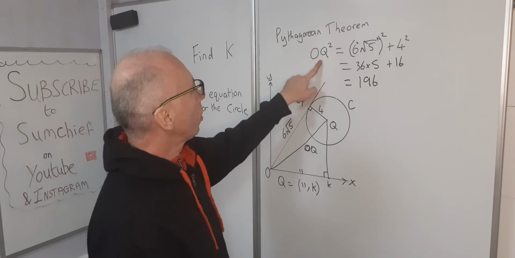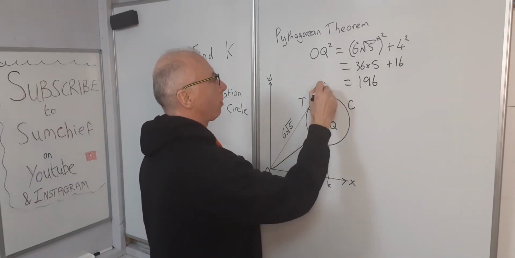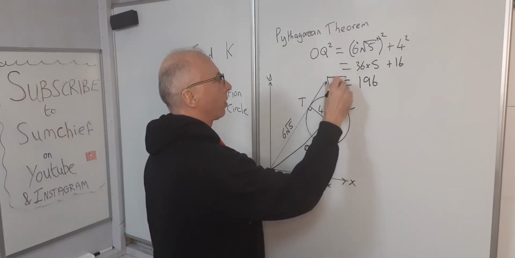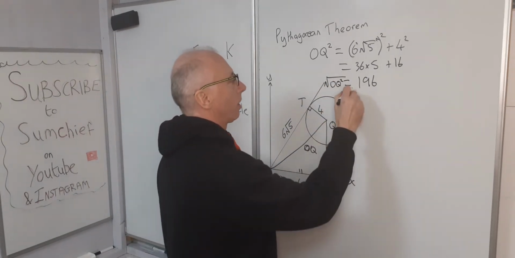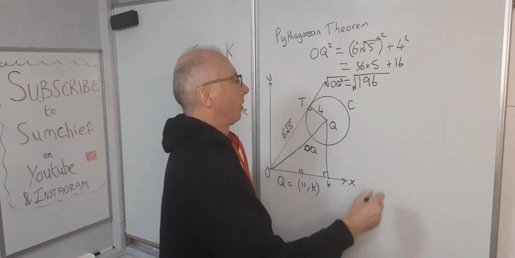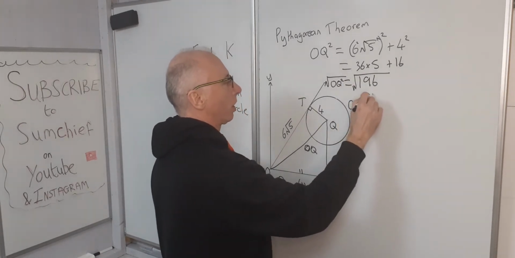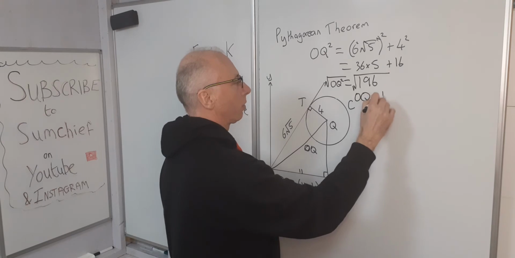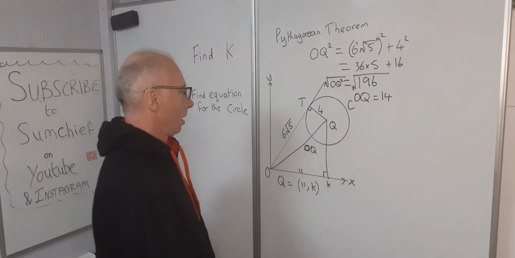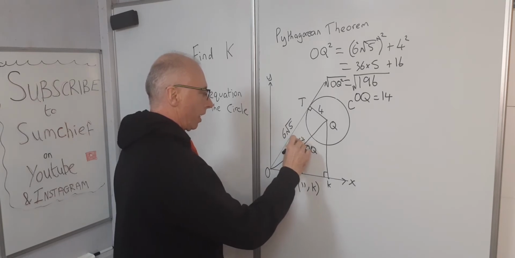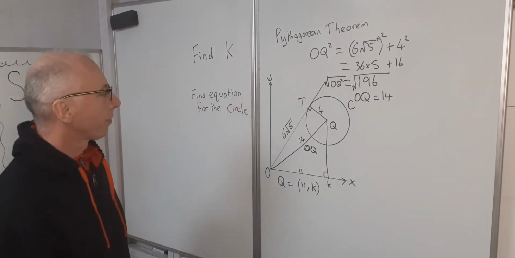But we've got OQ squared. So OQ is the square root of 196. So therefore OQ equals 14. Square root of 196 is 14. So therefore we can say that this side here is 14.